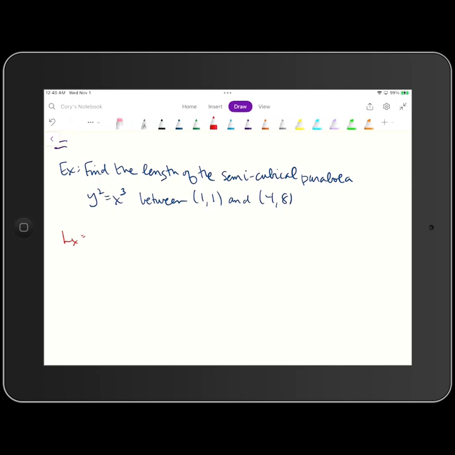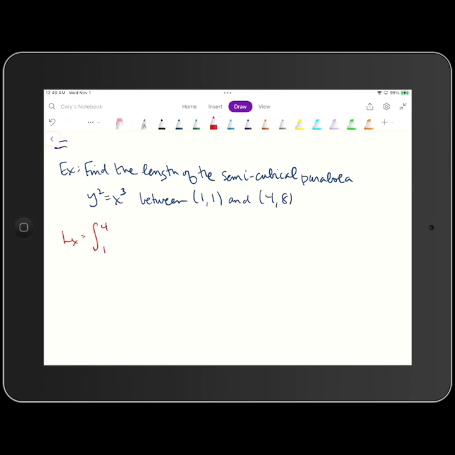Okay, so just so that you guys recall, arc length with respect to x is going to be our integral, where the limits of integration are written in terms of x values. So if we look at the 2 points that we are given, the x values of those 2 points are 1 and 4 respectively.